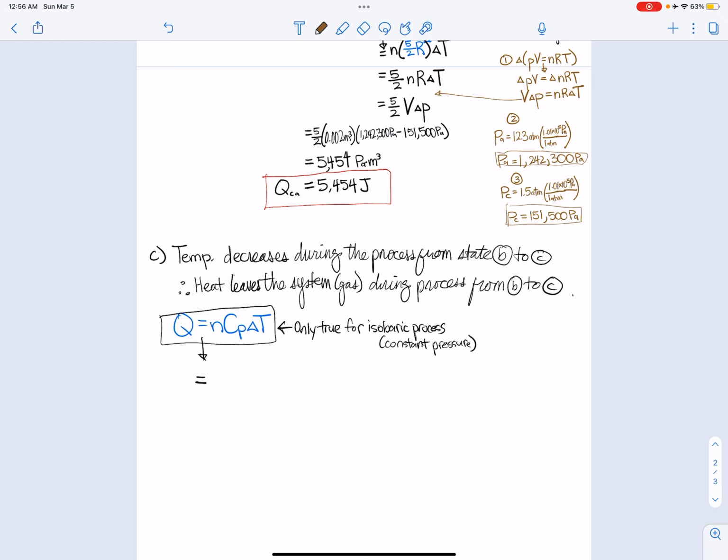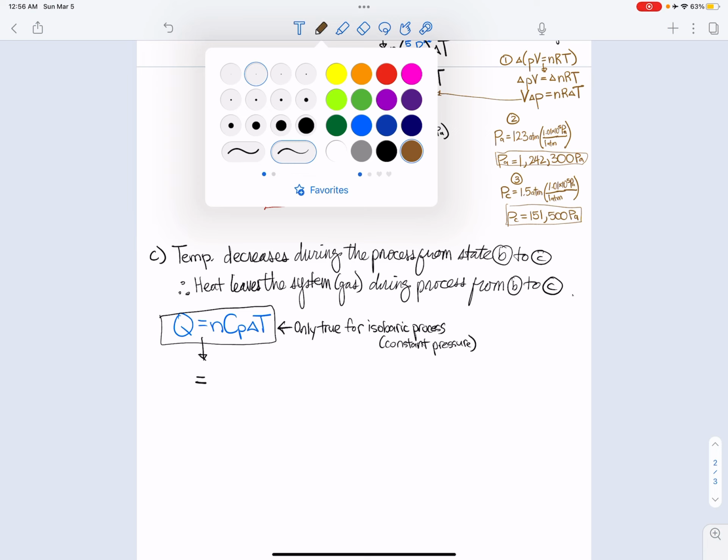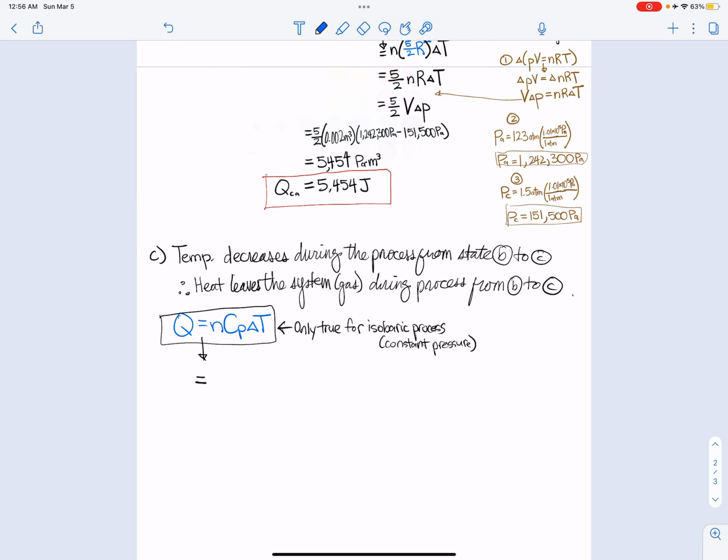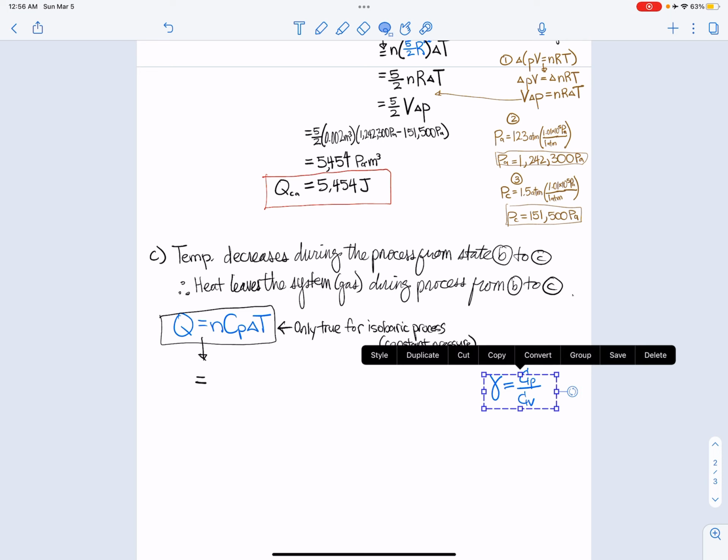Well, first of all, I don't know what Cp is, right? But what do I know? I do know that the ratio of molar heat capacities, which we call gamma, is equal to Cp over Cv. That is a formula that we should know. If you don't have that in your cheat sheet, please write that down.